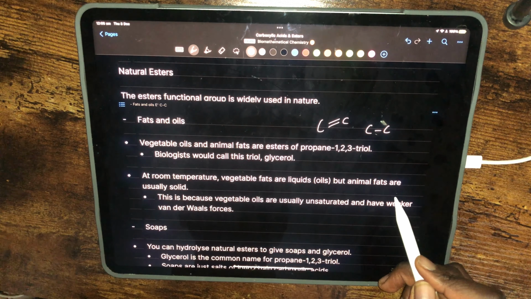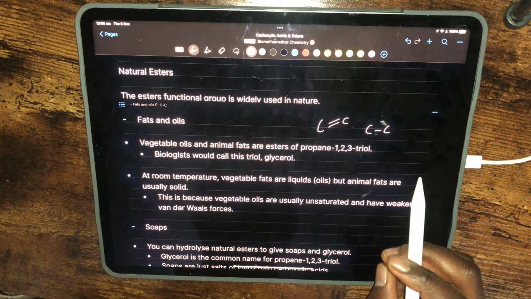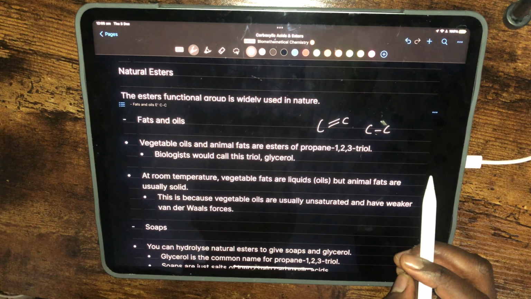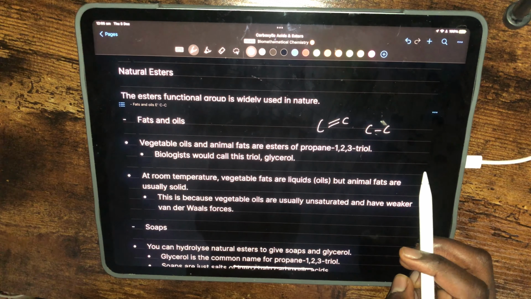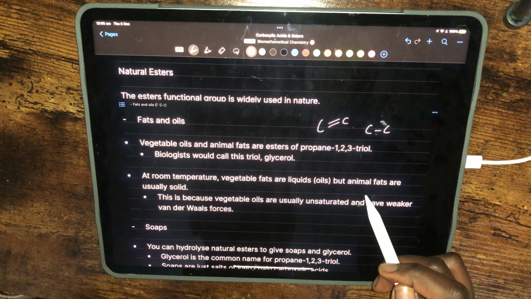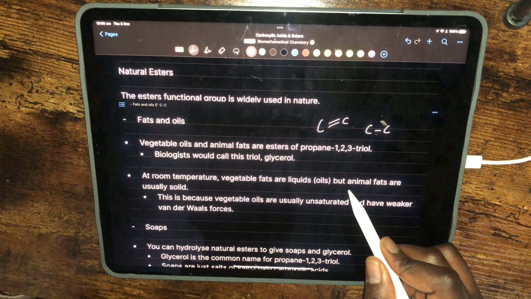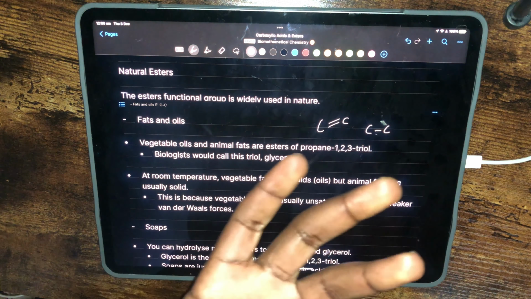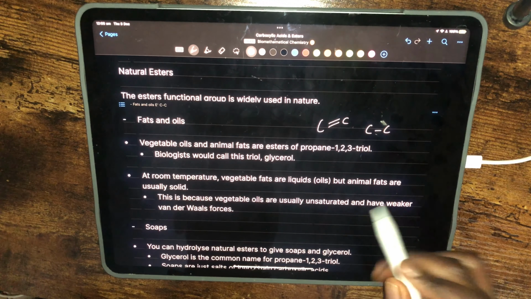Whereas animal fats, like butter, right? Butter is an example of animal fat. Usually they extract the fat from cows. Butter is solid at room temperature. Obviously you put it in your fridge, but generally at room temperature, if you take butter out, it's solid, and that's because of what we just talked about here.